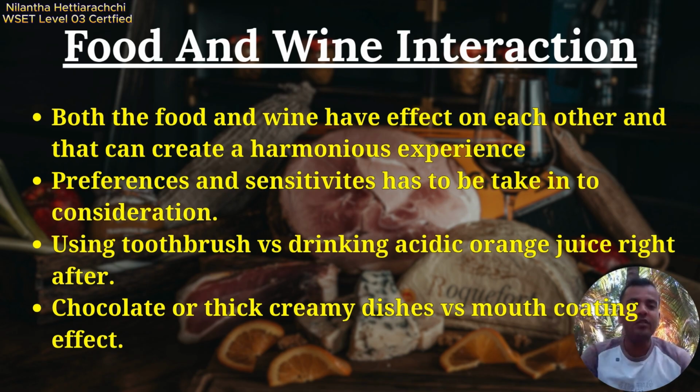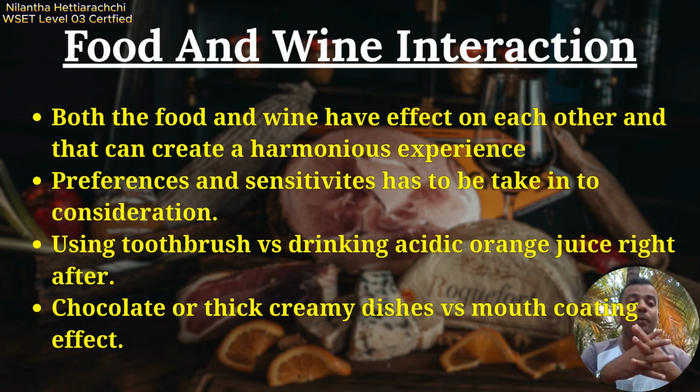Even if we consume food by itself, we can still have a harmonious experience. But when we pair food and wine together, the interaction between the elements of both can create an overall harmonious experience. Therefore we need to understand how they interact with each other.